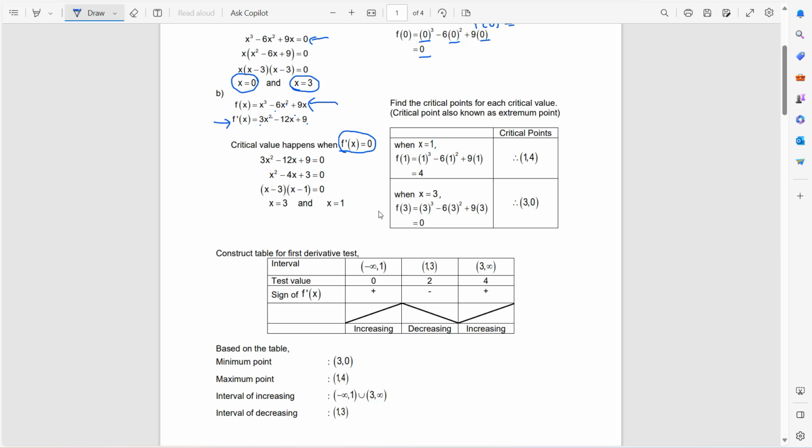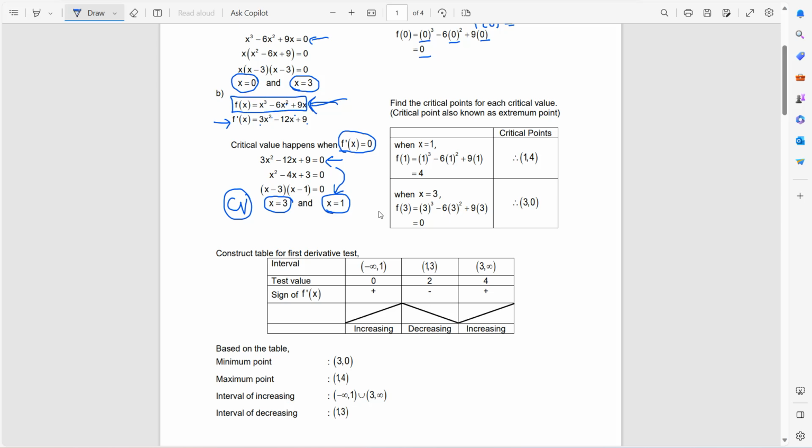So in order to find the critical value, we take the first derivative equals to 0, like this. And then we solve this equation by using your calculator. So we will get x equals to 3 and x equals to 1 as our critical values. So in order to find our critical points, we substitute our critical values into the original function.